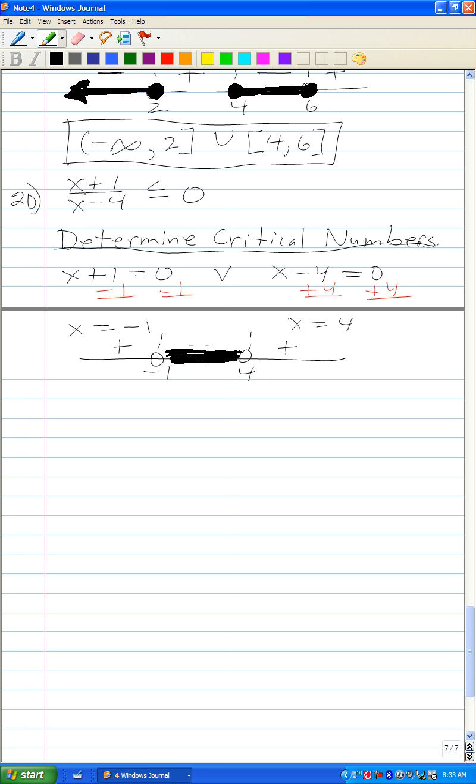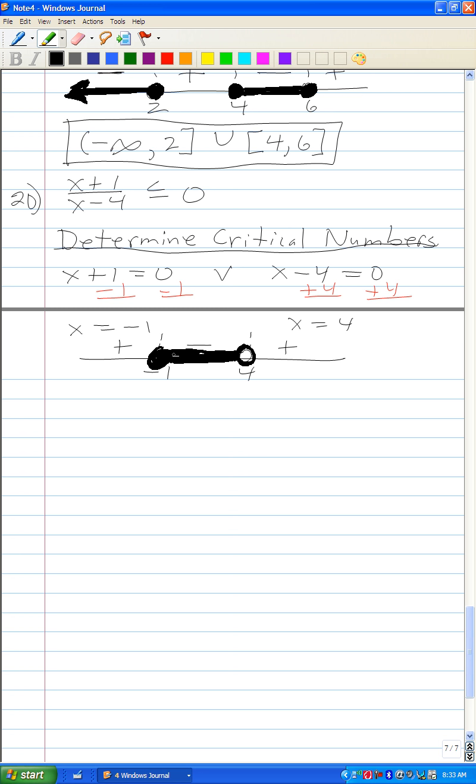This expression is not defined when x is equal to 4, because if x were equal to 4, then you would be dividing by 0. And so you don't want to divide by 0. So I'll fill in the negative 1, but I'll keep the value at 4 open.